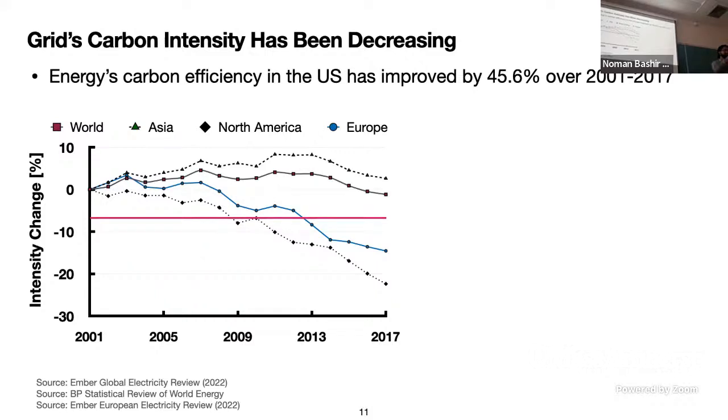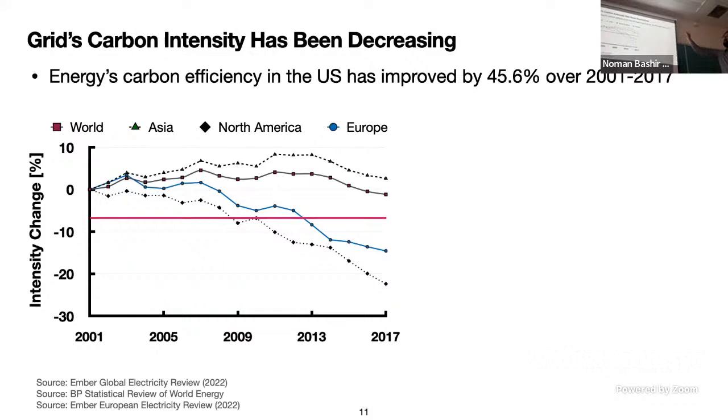It is basically the reciprocal of energy's carbon efficiency. So carbon intensity is 1 over carbon efficiency. So here you have worldwide, which has remained kind of constant.